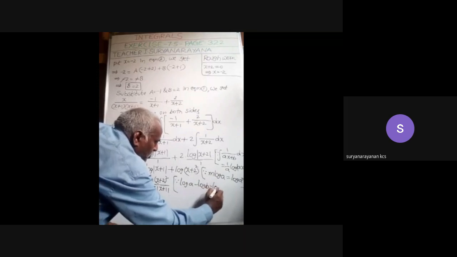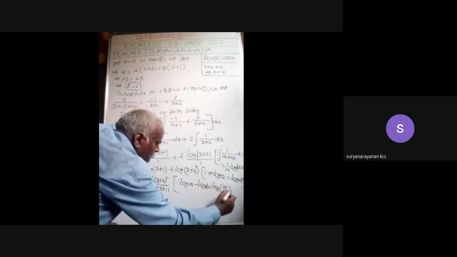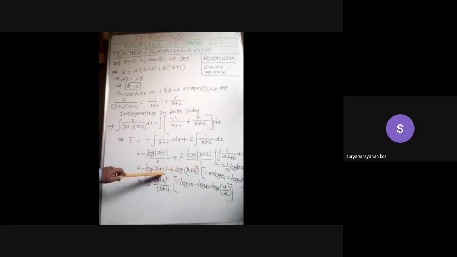Because log a minus log b is equal to log of a by b, by using this logarithmic property, where a means x plus 2 whole square, b means x plus 1. Understood this step, my children? Right. So simplification part is also over.